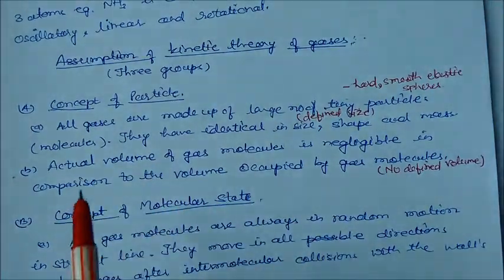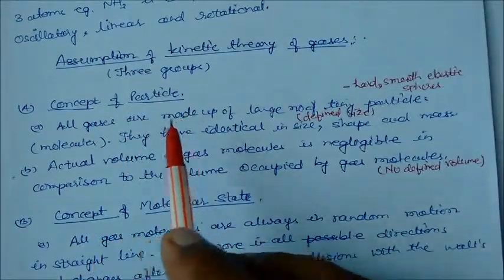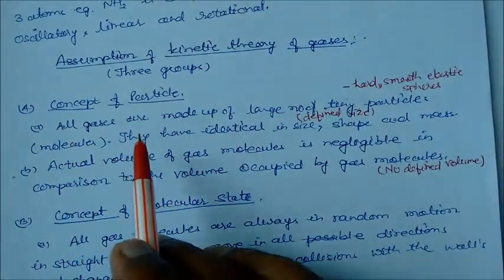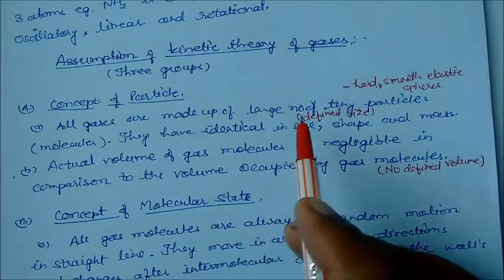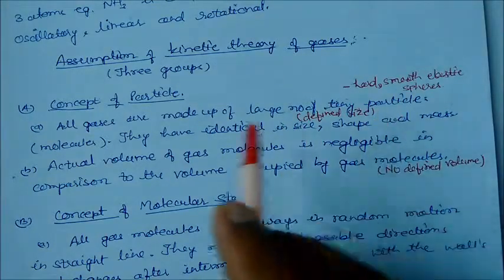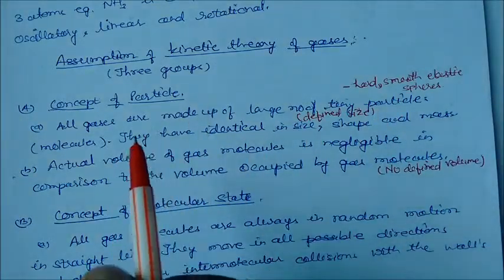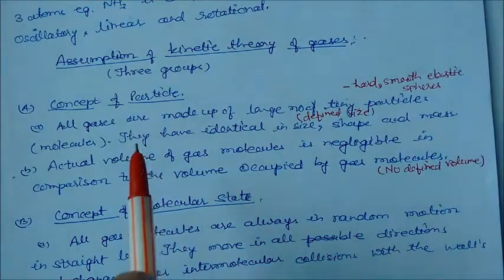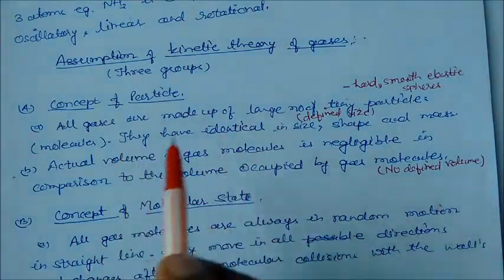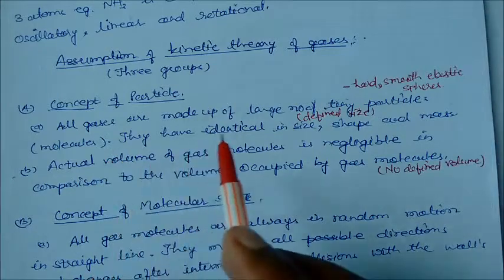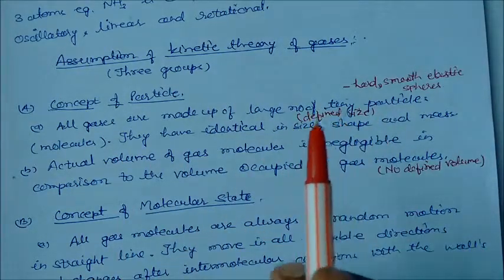First is the concept of particles. Concept of particles means all gases are made up of a large number of tiny particles or molecules. All gases, whether monatomic, diatomic or polyatomic, are made up of small particles.